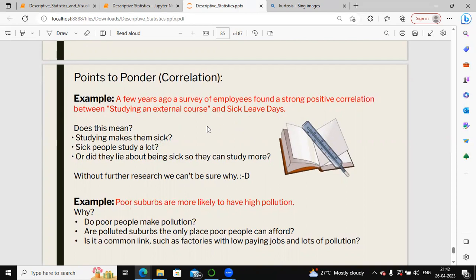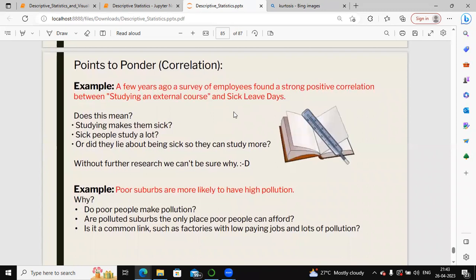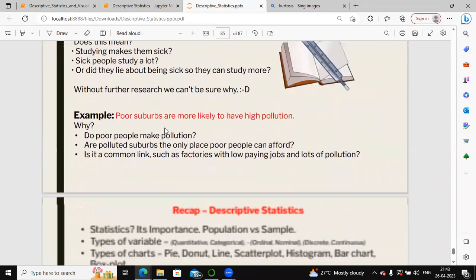You just can't make an assumption that studying makes them sick, right? So you have to find a relation. What is the main reason for how studying an external course and sick leave days are related?